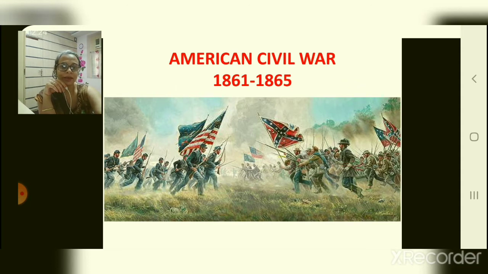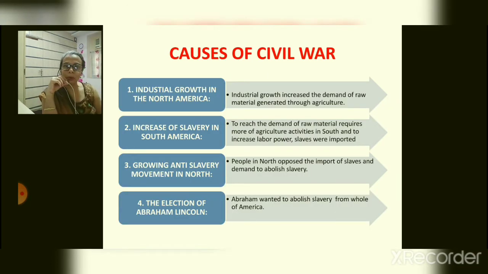Okay, so now you all know the first thing when a war comes is the causes. We always discuss the causes, and in the causes, economic, social, political, three aspects we always cover. But in this case, it is a little complicated in the sense that one topic is affecting the social aspects, the political aspects, as well as the economic aspects.